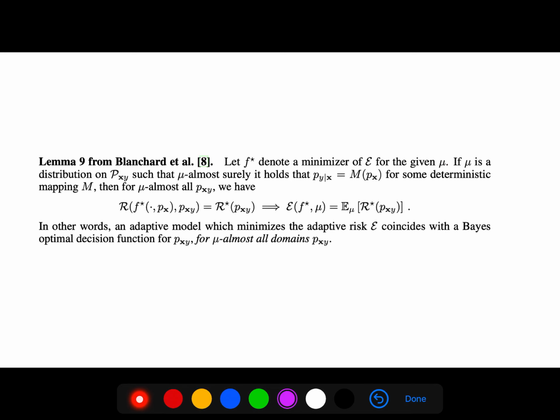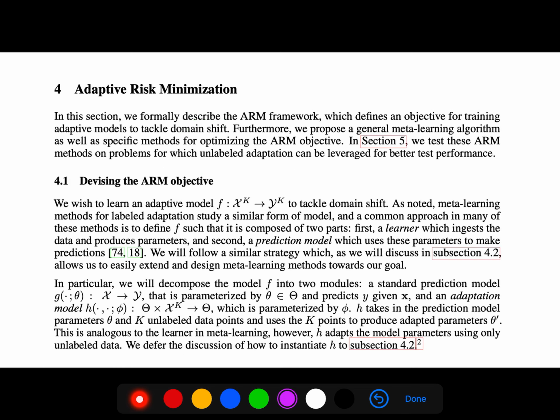Let F star denote a minimizer. If mu is a distribution on P such that mu almost surely it holds that P of y conditioned on x is equal to M for some deterministic mapping M, then we have this relation. In other words, an adaptive model which minimizes adaptive risk coincides with a Bayes optimal decision function.